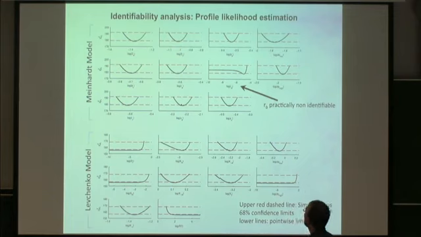Okay, in the ideal case, you obtain a parabolic shape with a clear-cut optimum, but you see here's a case, for example, for one of the parameters where you can change the parameter, but the goodness of fit doesn't change at all. So in that case it is a practically non-identifiable parameter.